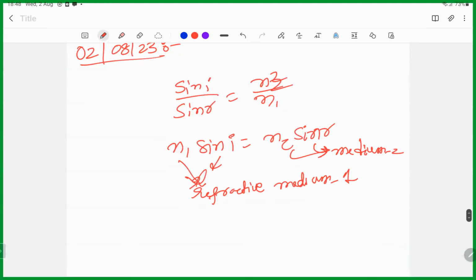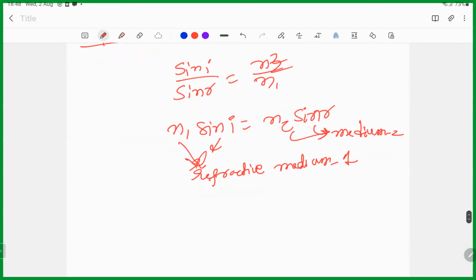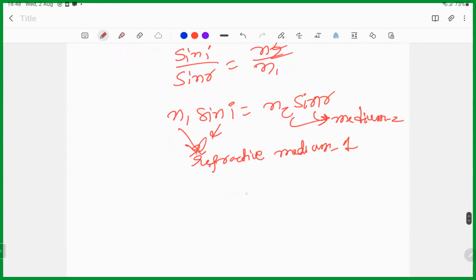So let's say the ray is traveling through a glass slab, and the ray is coming like this. So what is medium 1 here? So it's a normal.